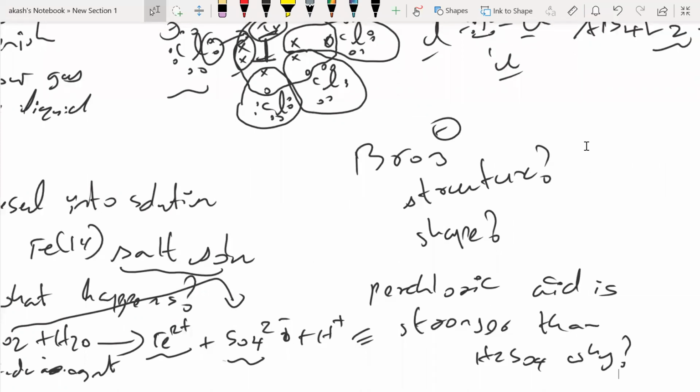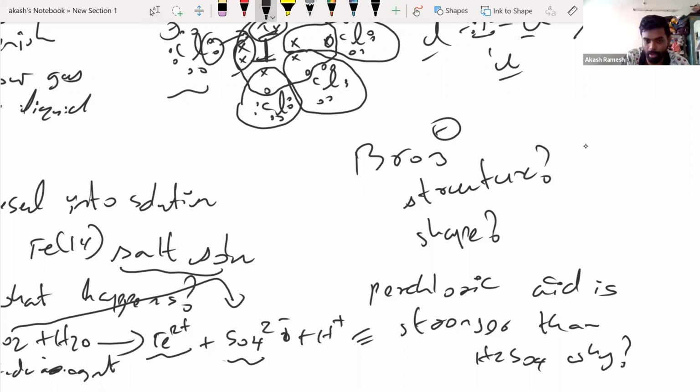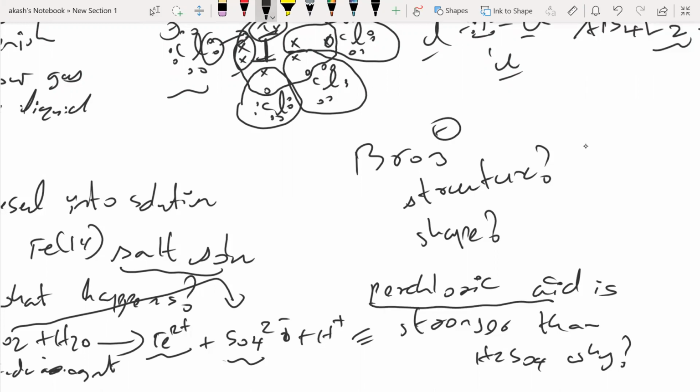Sir, is it because of the oxidation state? Okay, go on. In perchloric acid, its oxidation state will be... What is the formula for perchloric acid? HClO4, sir.